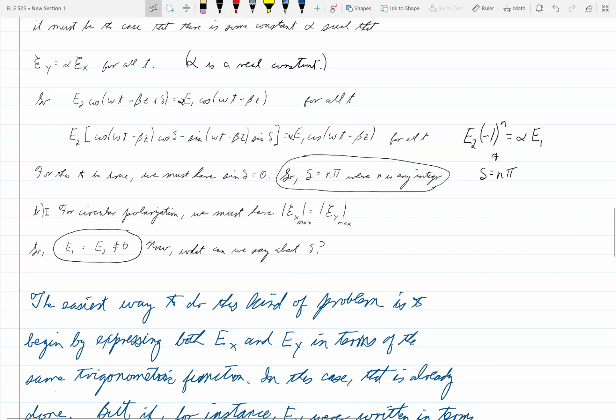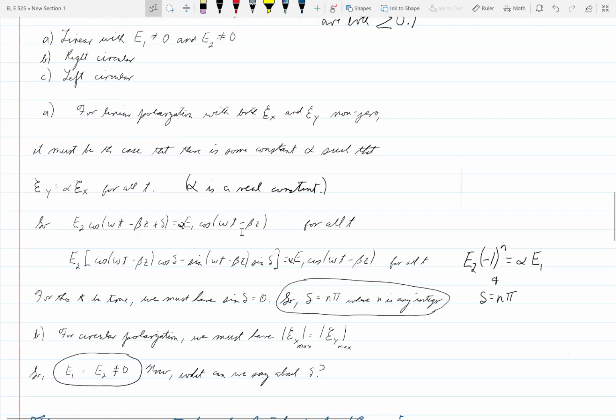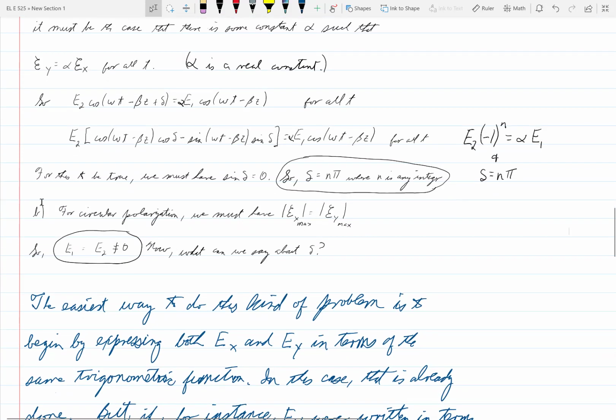Now for parts B and C, where we're dealing with circular polarization, for circular polarization, the absolute value of the maximum value of Ex must be equal to the absolute value of the maximum value of Ey. So these two amplitudes, E1 and E2, must be equal to each other.